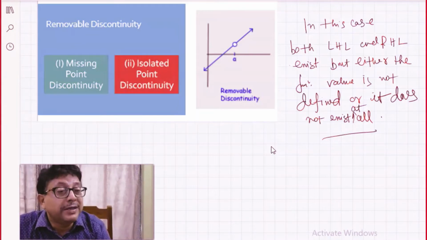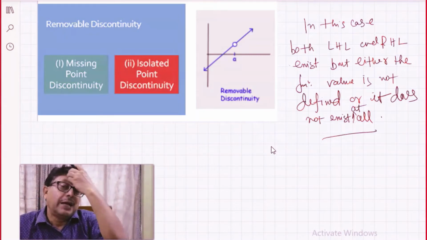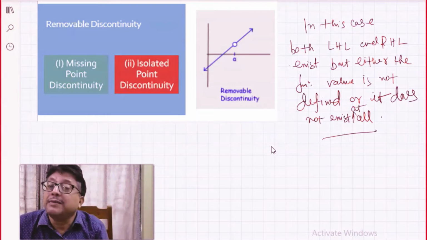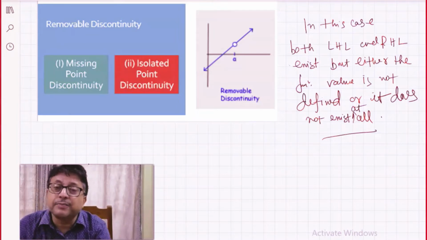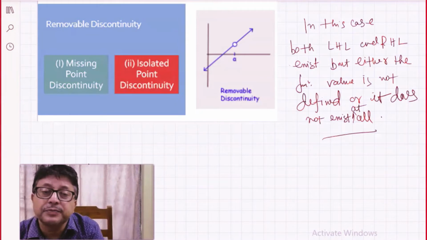If functional value exists, it is not equal to the limiting value. In that case, the discontinuity will be of two types that we can distinguish as missing point discontinuity and isolated point discontinuity. What is a missing point discontinuity?